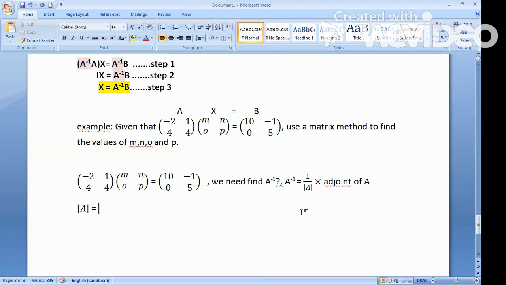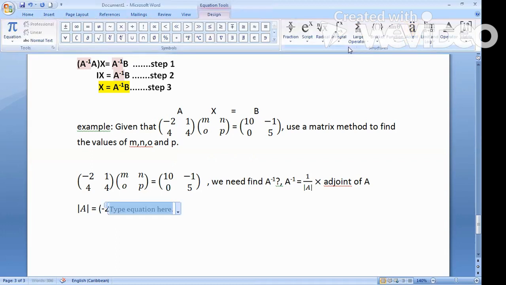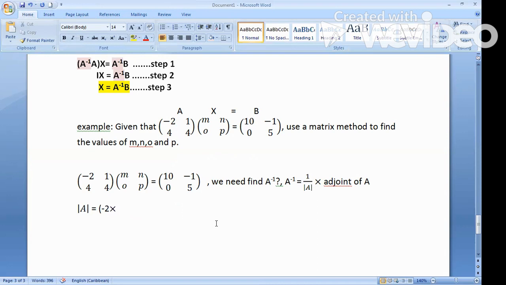It is a product of the what? The leading diagonal, times the product of the what? The non-leading diagonal, right.